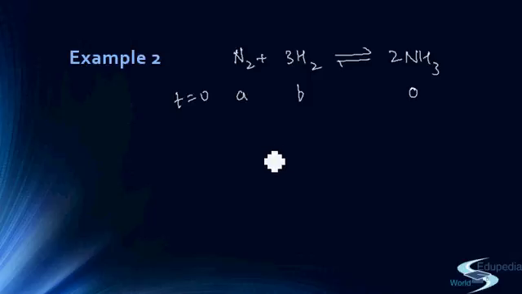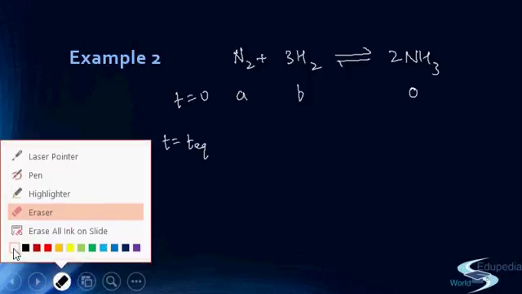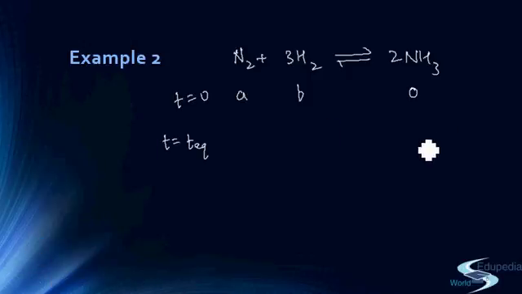Now at equilibrium, the student says I want to write the expression in terms of moles of ammonia formed. Let's say the moles of ammonia formed at equilibrium is assumed to be Q.